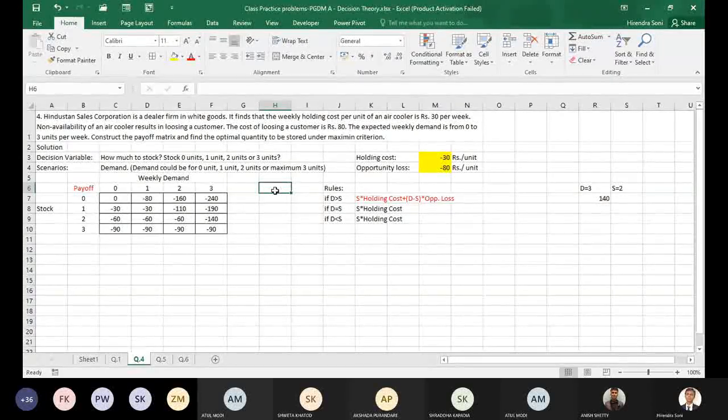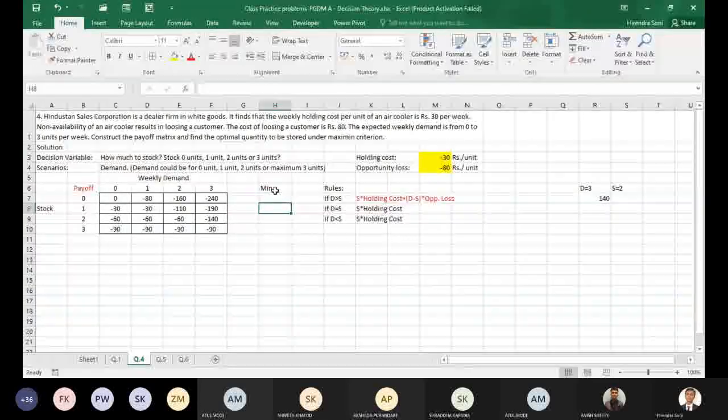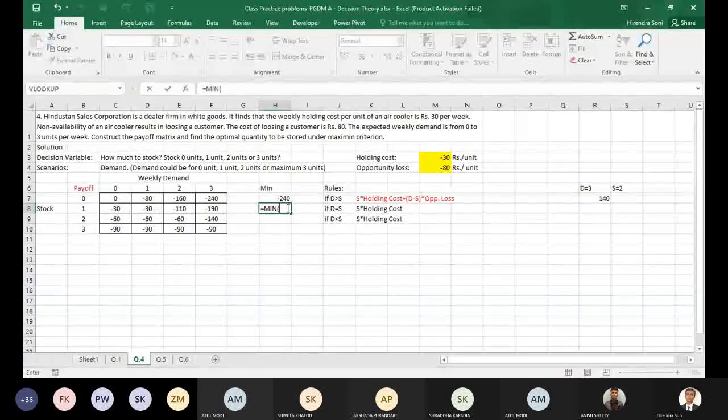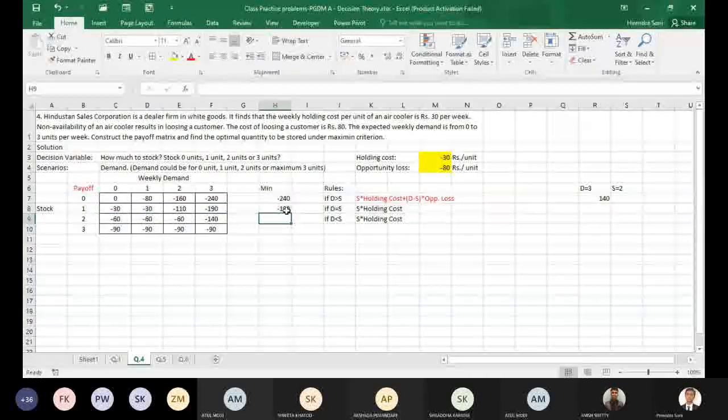Okay, so आपका उतना clear हो जाएगा. So maximin means minimum of every situation, every condition. So if I'm keeping 0 units as stock, so minimum payoff that I can expect is minus 240. Similarly, if I'm keeping 1 unit of stock, minimum payoff that I can expect is this much, and it can be basically dragged across.